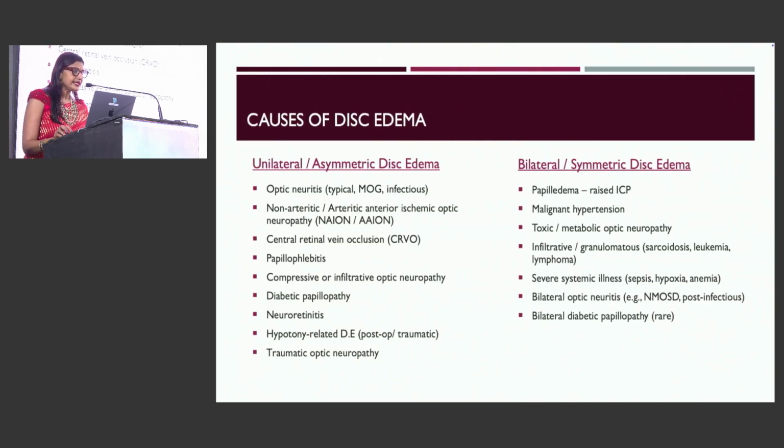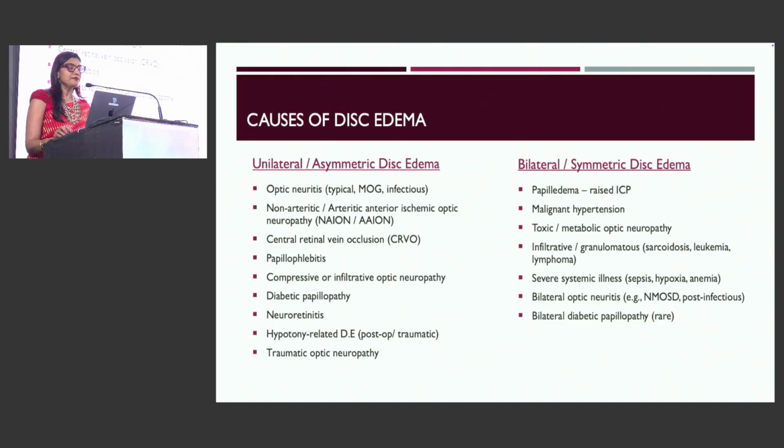But for us, clinically, the easiest way to decide what kind of disc edema it is is to look at whether it is one eye that is involved or both eyes that are involved, because the causes are different. When you're looking at a unilateral disc edema, then you're looking at conditions like optic neuritis, ischemic optic neuropathy, CRVOs, and compressive optic neuropathies, diabetic papillopathy, neuroretinitis, hypotony if it is post-op or traumatic, and the traumatic optic neuropathy.